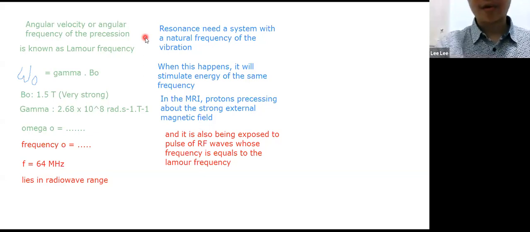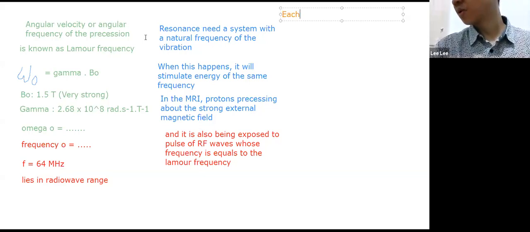Okay, so each of the protons will absorb what? You apply a frequency which is the same with the natural frequency, right? So they will absorb energy, and the resonance will happen. So each proton will absorb a photon of the RF energy and flip up into a higher energy state.